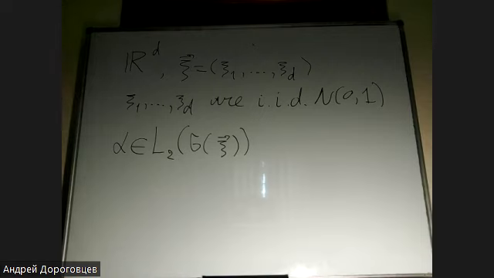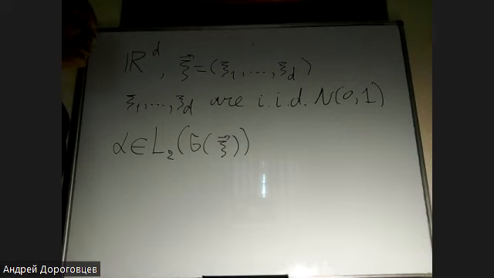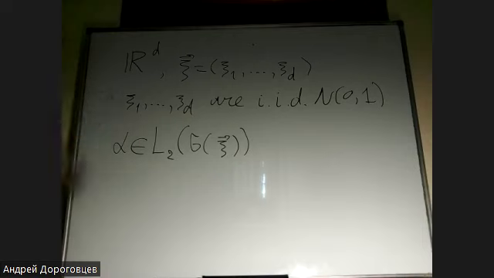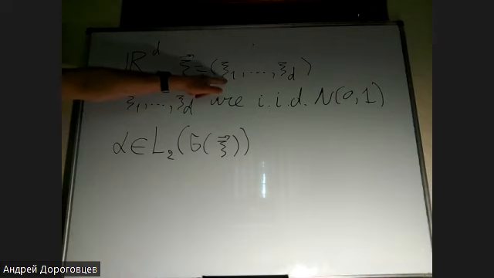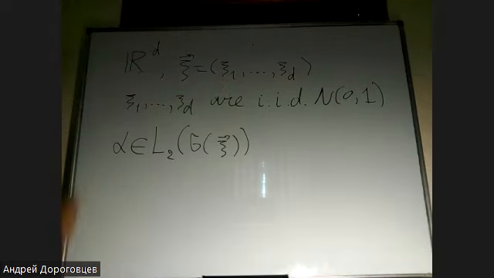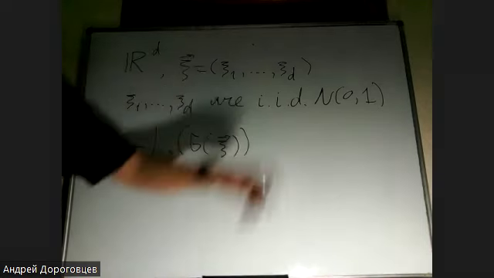Why? Of course, we already use one-dimensional results. From these results, it follows that polynomials are dense with respect to this measure in R^d, because it's a product measure, and polynomials are dense with respect to the one-coordinate measure. Secondly, we know that they are Hermite polynomials, so we can organize an orthogonal basis in this space: just multiply the Hermite polynomials from different coordinates.